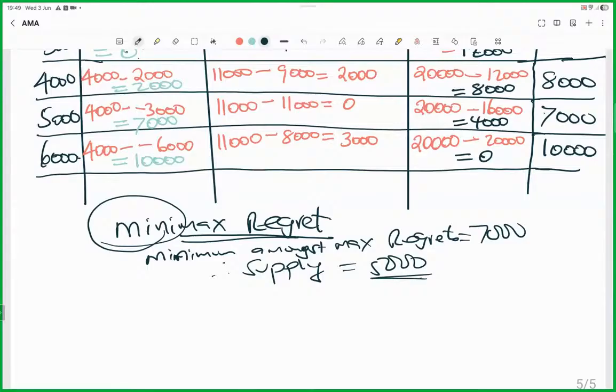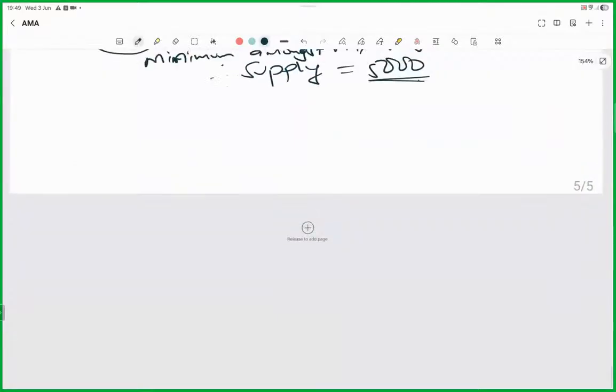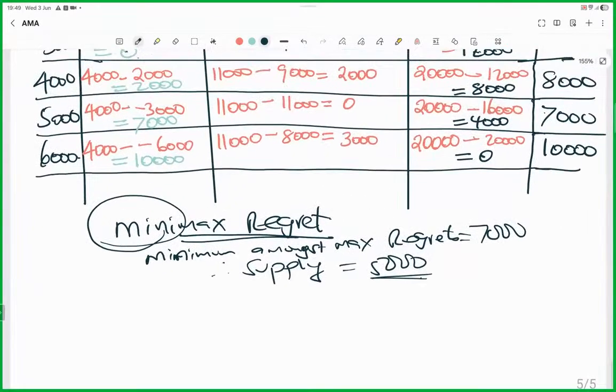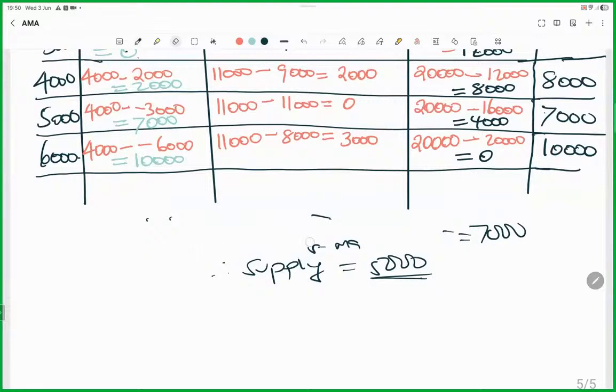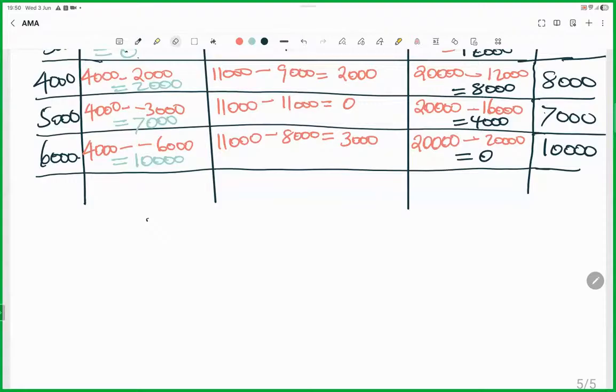And I normally tell my students, anytime you hear this question being asked, when you hear them asking about minimax regret, what are you supposed to do?